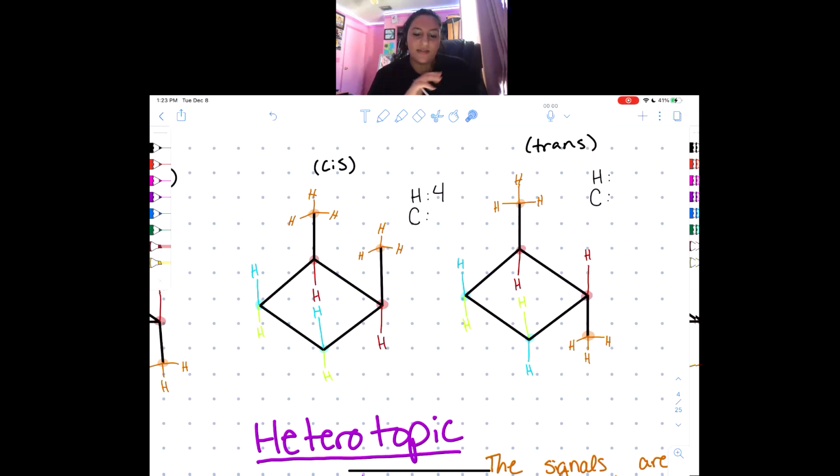So now we actually have 3 signals because we have these methyls, which are the same, these carbons, which are the same, and these 2 carbons, which are the same. So we would only have 3 carbon signals. And the same exact thing is actually true here. So we have 3 carbon signals still. And even though the orientation of these hydrogens is different, we end up still getting the same number of signals. So it's still 4 hydrogen and 3 carbon signals. Good?